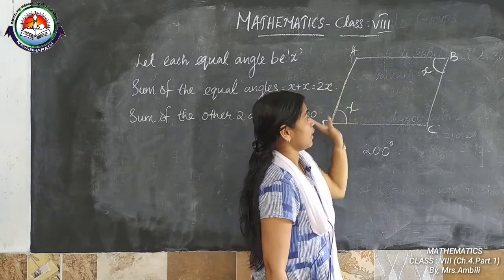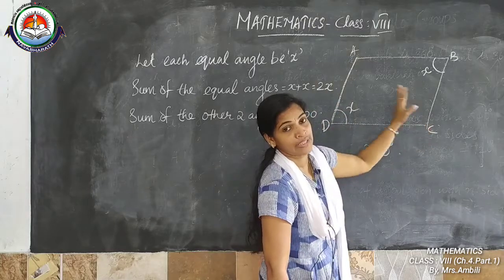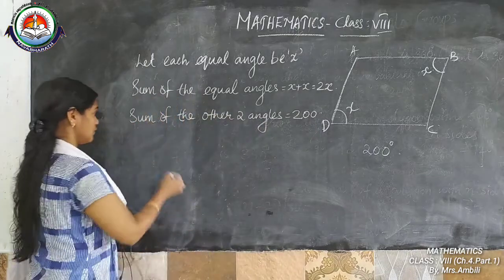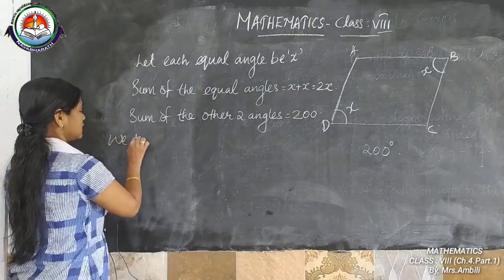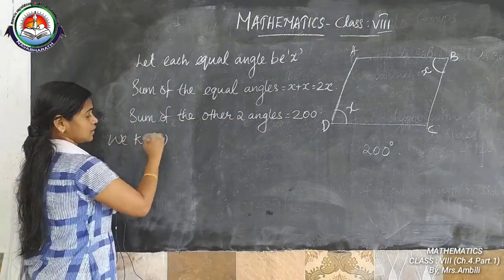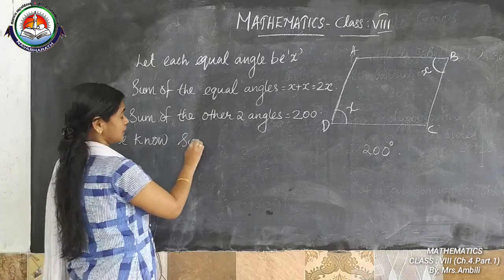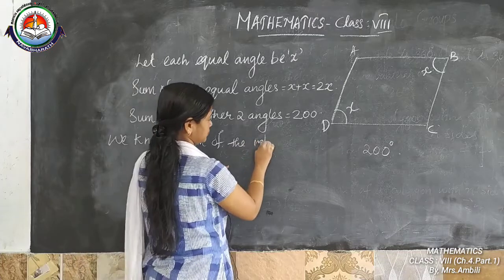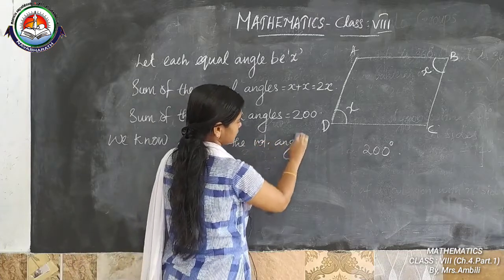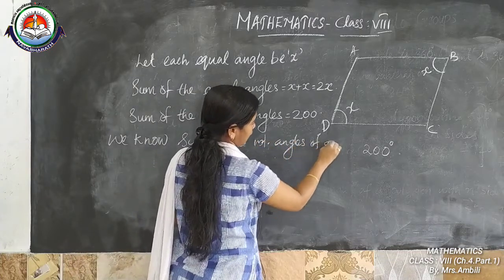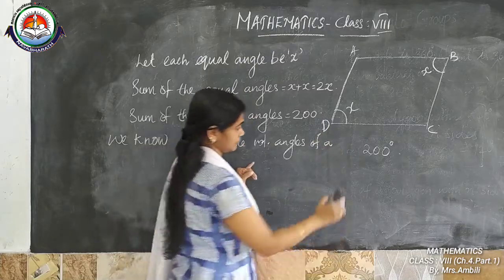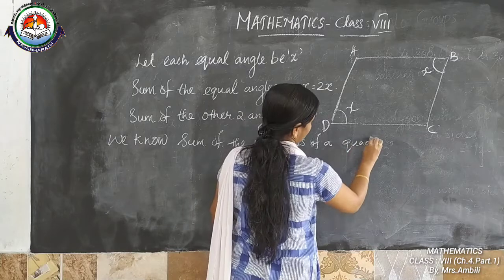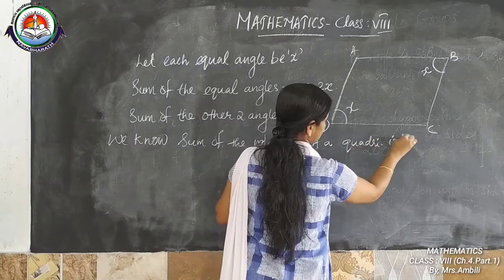Okay, what about the total angle? The sum of the interior angles of a quadrilateral is 360 degrees. So we know that the sum of the interior angles of a quadrilateral is 360 degrees.